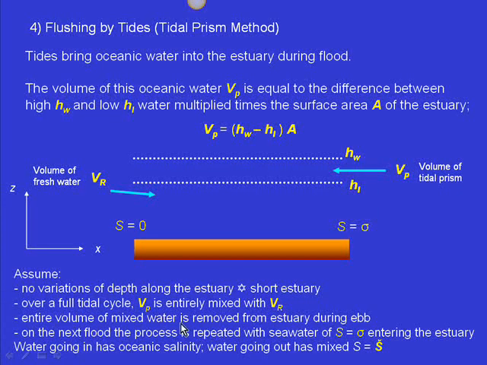The entire volume of mixed water is removed from the estuary during ebb. And on the next flood, the process is repeated with seawater of oceanic salinity entering the estuary. So the water going in has oceanic salinity, and the water going out has a mixed salinity that we're going to call S hat.